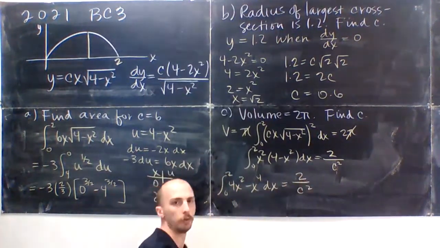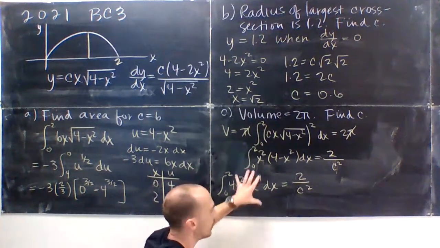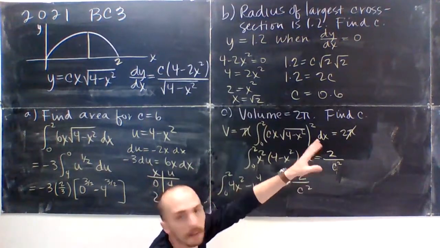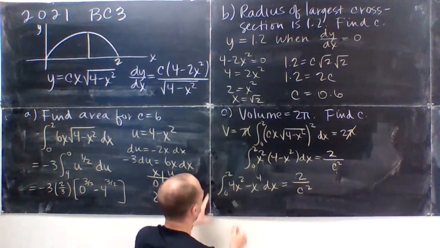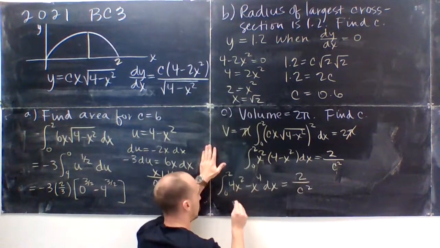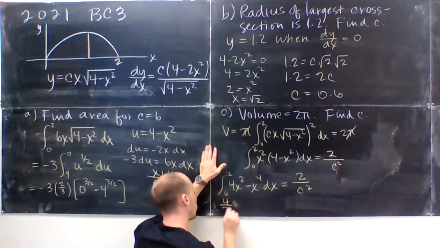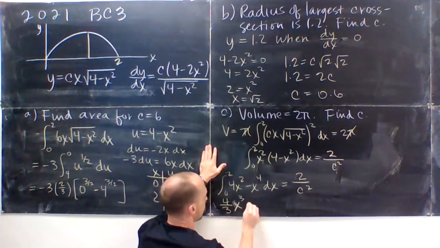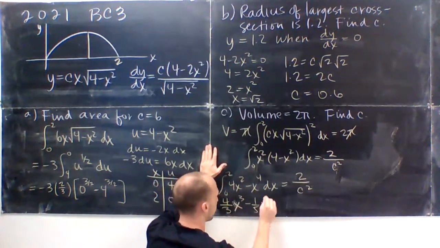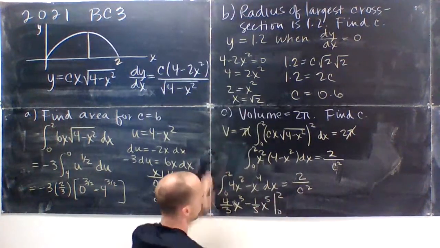Now, I'm going to just do the computation down here of the integral, and then I'll do the rest of the algebra maybe on the next ones over there. So what I've got is, hold on, what am I thinking? Oh, 4/3 x to the 3rd minus 1/5 x to the 5th as x runs from 0 to 2.